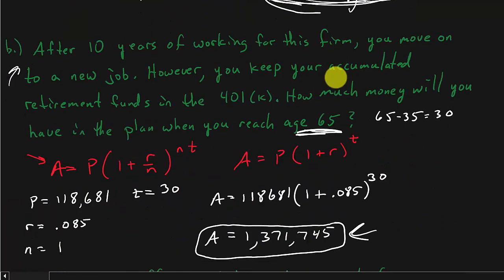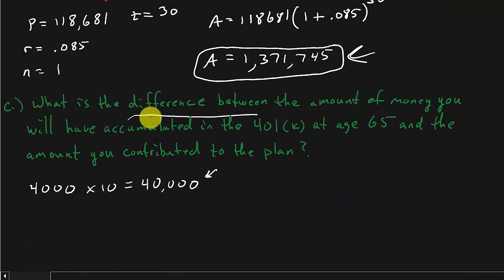So remember, what it asked is, what is the difference between the amount of money you will have accumulated, okay, in the 401k at age 65, and the amount you contributed to the plan.